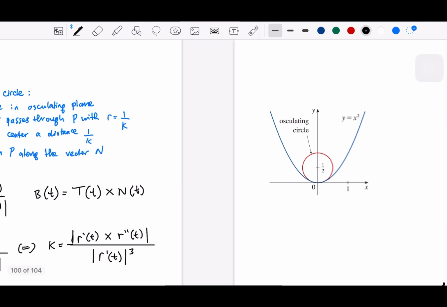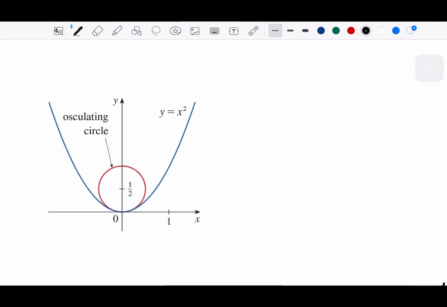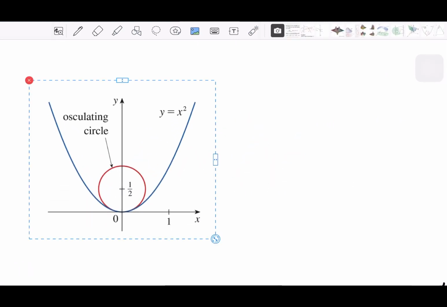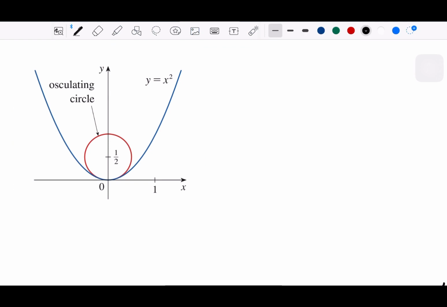Just to note from the last part here, if you remember what we did in the curvature, for the parabola y equals x squared, we see in our calculation before that the curvature at point 0 is 2, which means the radius of the circle is 1 over curvature, so this will be 1 over 2.